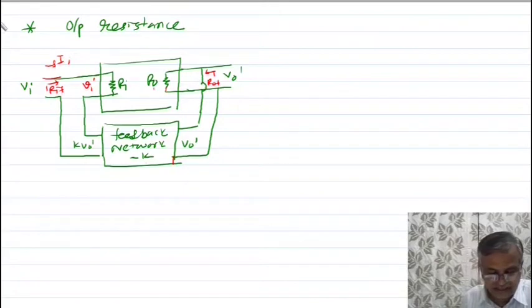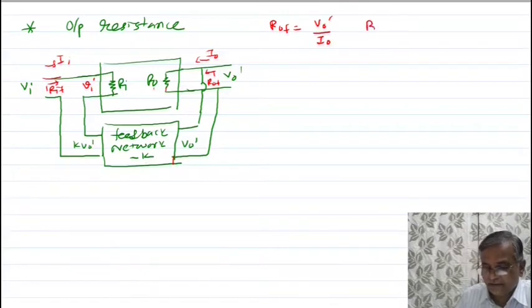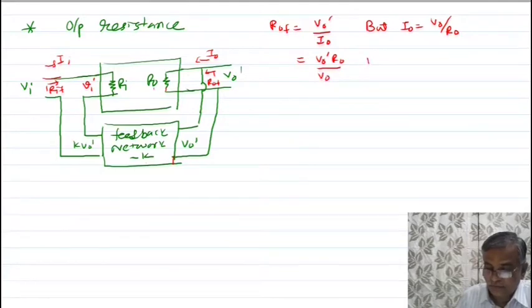So for this circuit I can write Rof is equal to Vo dash upon I, but Io is nothing but Vo upon Ro. So I can write Vo dash into Ro upon Vo. But we know that Avf is nothing but Vo dash upon Vi, and Av is nothing but Vo upon Vi.